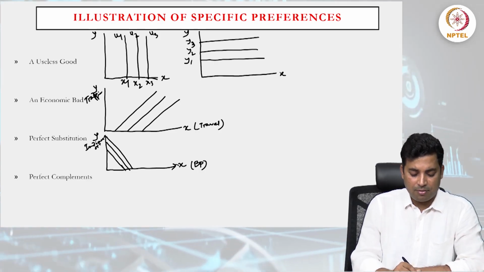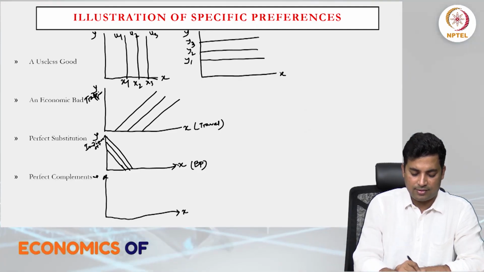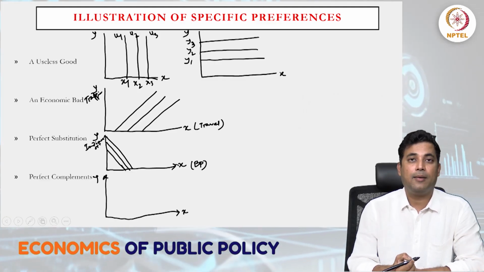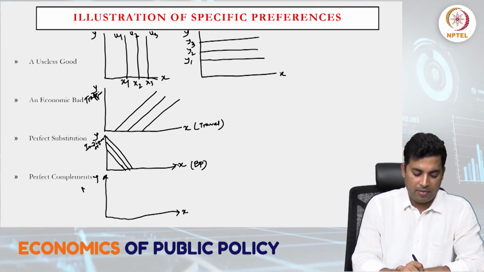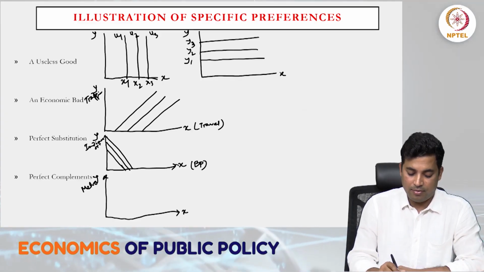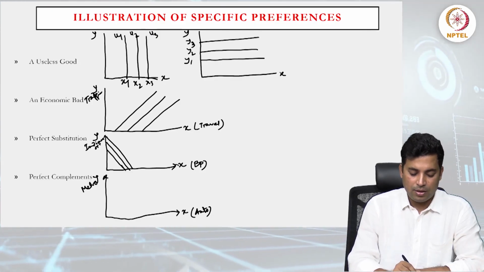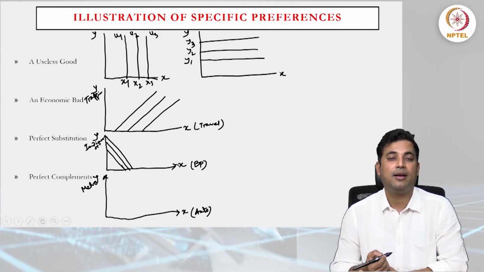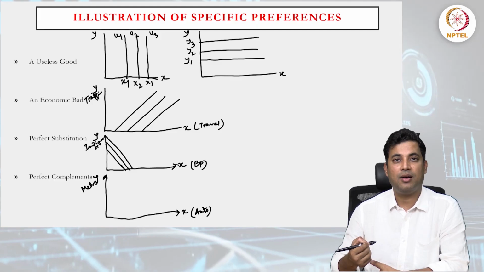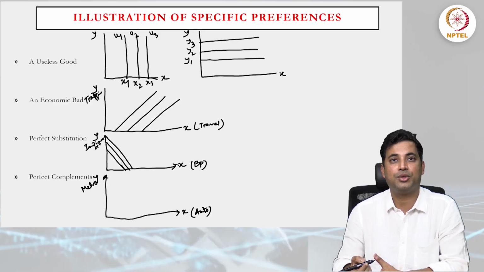In the case of perfect complements, again with the x-axis and y-axis, the curve should be a straight line here. Take the example of access to metro in Delhi, and here, say, local auto. If in the city metro connections are very good, but from my home to the metro station there is no local convenience, then how will I access the metro station?